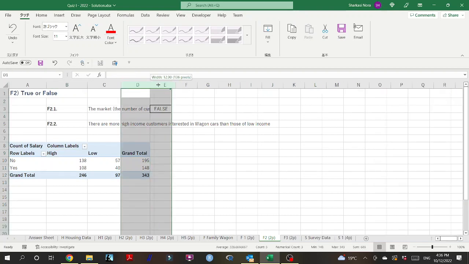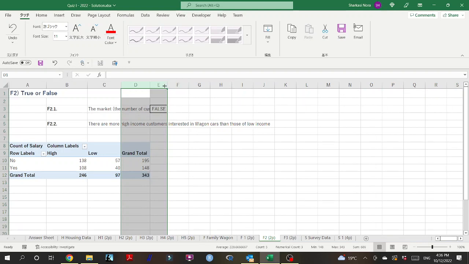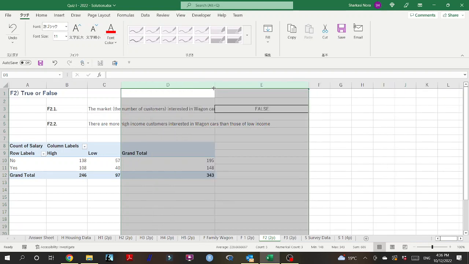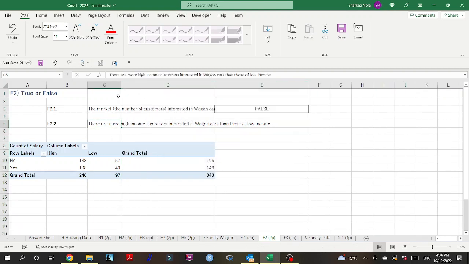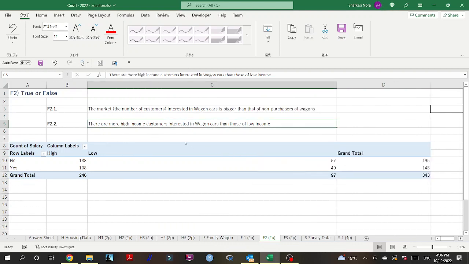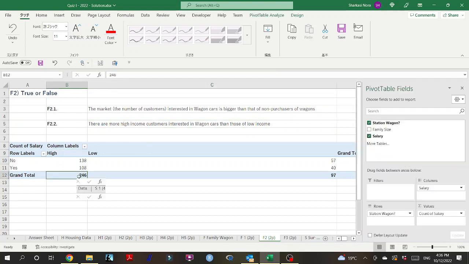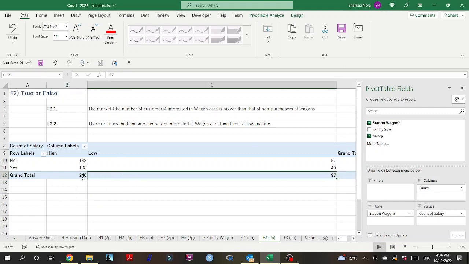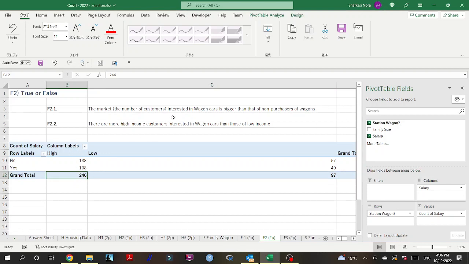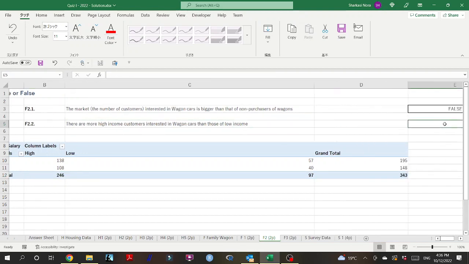Okay, there are more high-income customers interested in wagon cars than those of low income. Where is the low income? 97. That's true, because we have high income 248, right? So that will be true.